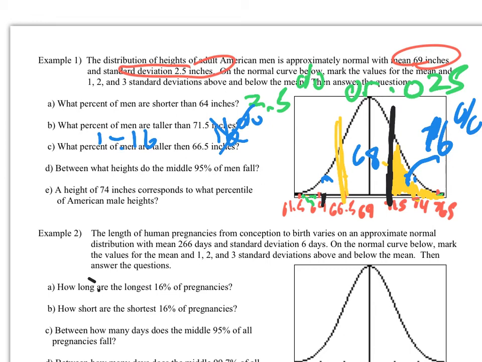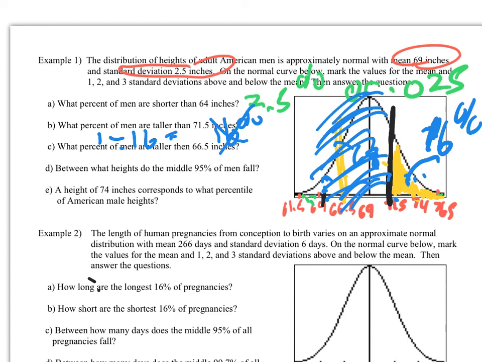Because I want the area to the left. This says I want smaller than this height. Wait, no, it's just taller. Oh, taller, I'm sorry then. 16%? That's what I mean. I want to get rid of this. 100% minus 16% is how much? 84.